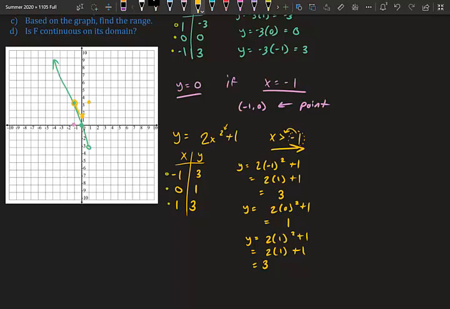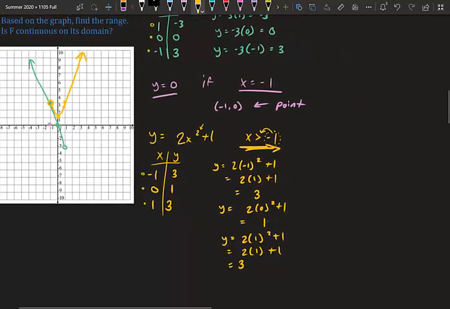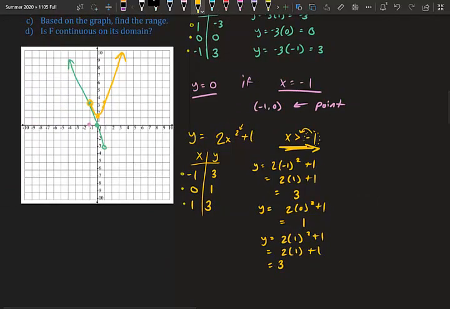It makes that U shape, right? And since we read left to right, that's why it doesn't go up like this, because if it went up like that, the arrow is pointing to the left. That's not right. The arrow has to go up and to the right because the arrow is pointing to the right. And that is our graph.